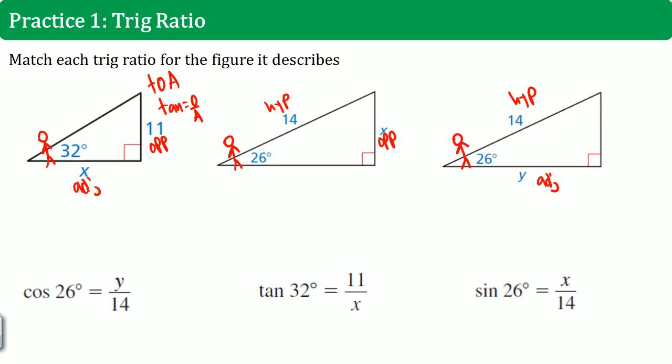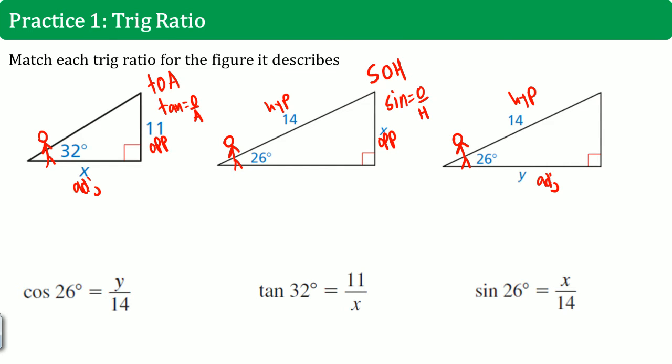Then the next one, you have your opposite over hypotenuse. Cosine, no. It's not CAH. It's SOH. Sine is opposite over hypotenuse.